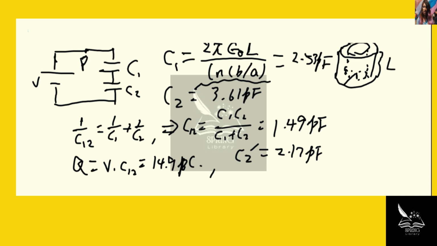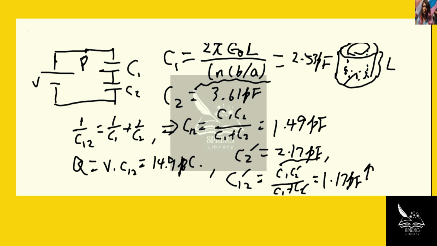So C2 prime is over here, and we can find out the new combined capacitance C12 prime equals C1 C2 prime over C1 plus C2 prime. So the value is 1.17 picofarads. Because the voltage across C1 and C2 prime does not change, Q prime simply equals V times C12 prime, equal to 11.7 picocoulombs.